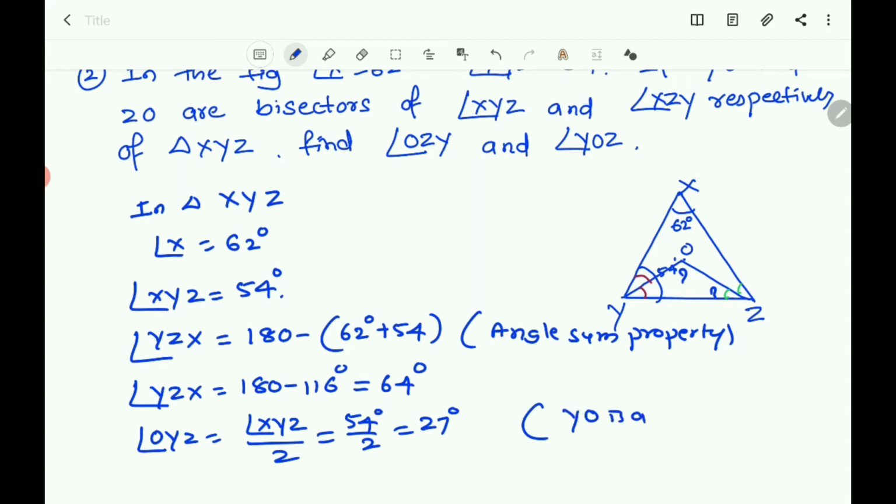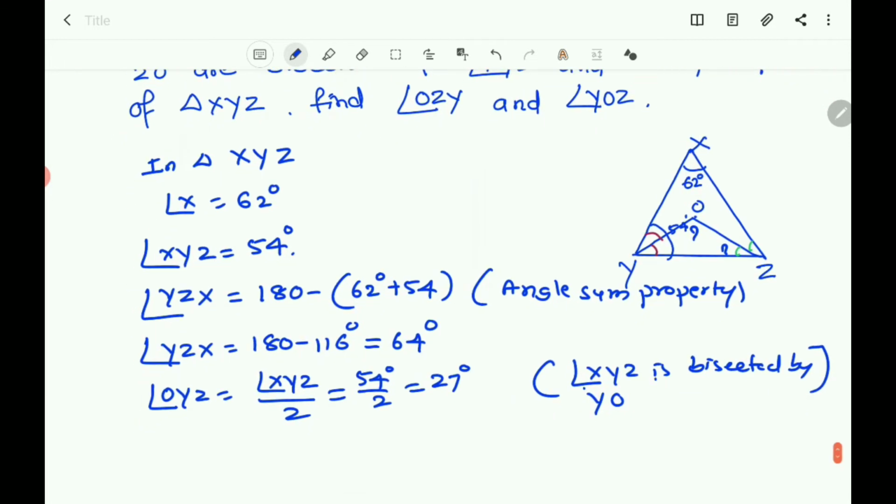YO is a bisector, or that angle XYZ is bisected by YO. Right. Now similarly, angle OZY is half of angle XZY, or YZX.